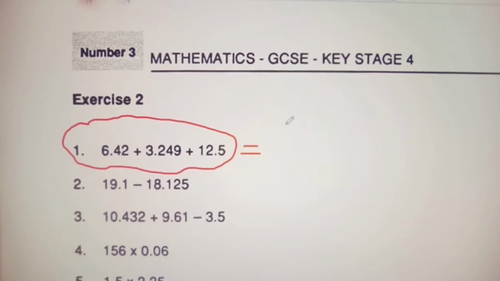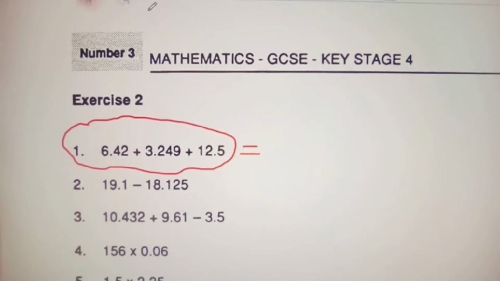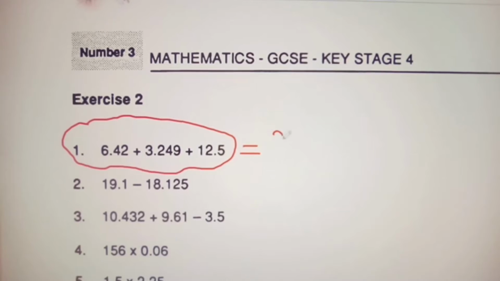Now it's 6.42 plus 3.249 plus 12.5 equals, now this is a simple function, you should be able to do it yourself. So this is equal to 22.169.